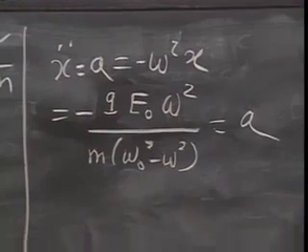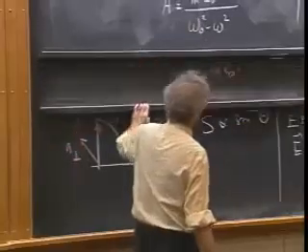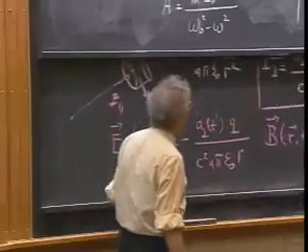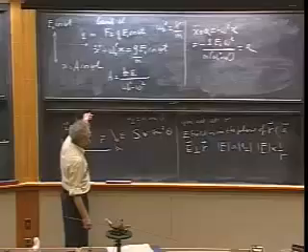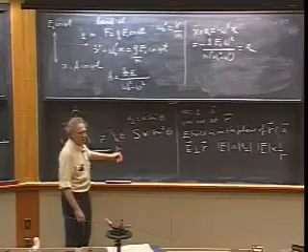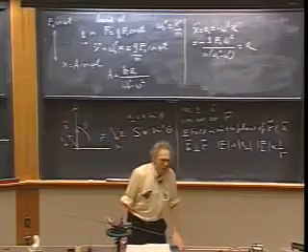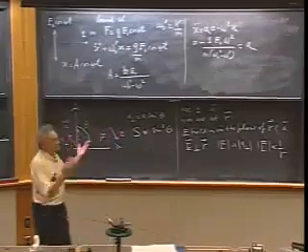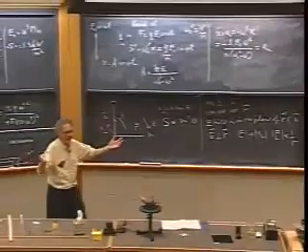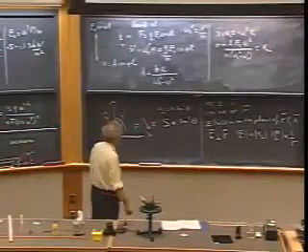But now I know how much power goes into that field. Where do I have, did I erase the lumber? I wanted it for that reason. So the total power that is radiated is proportional to a squared. I hope you remember that. I erased the wrong part of the blackboard.